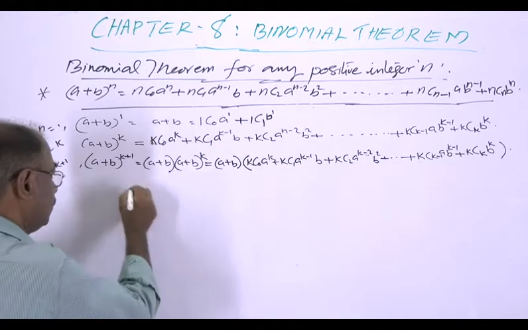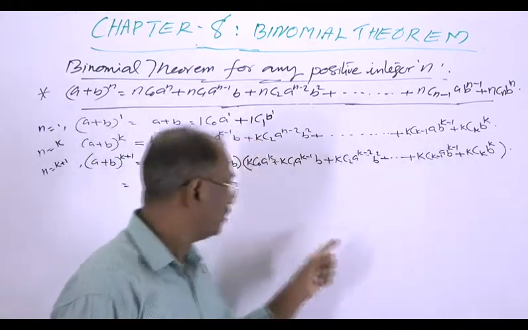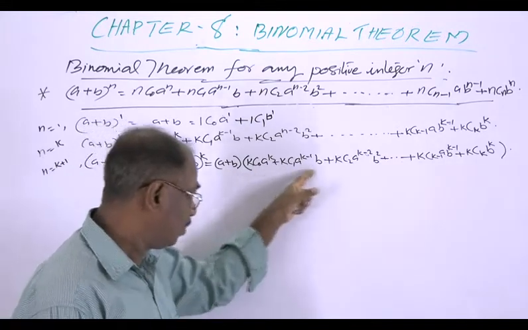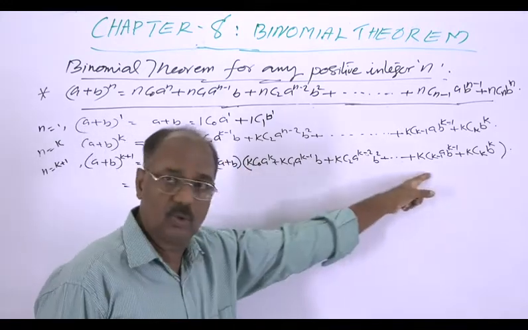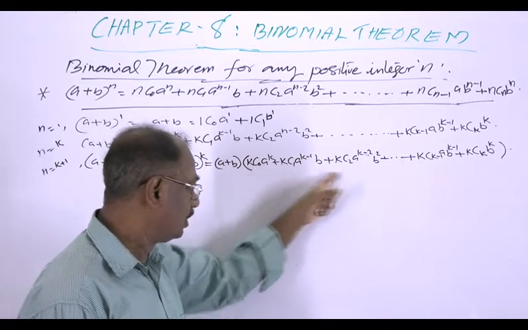And now we multiply these terms with this (a plus b). For this, first we multiply all the terms with the a, and then we multiply all the terms with the b.